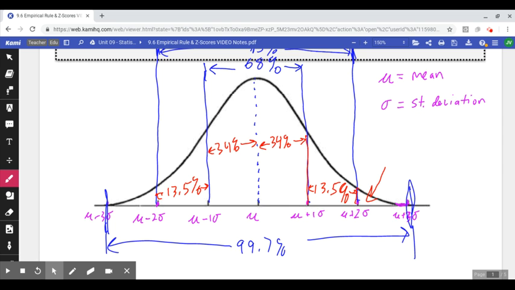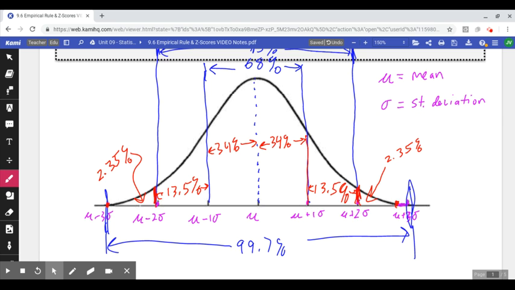And then I'm just going to subtract 34 and subtract 13.5, and I get 2.35%. And that's going to be the same. This normal model is symmetric for both the left and the right-hand side. And once again, that would be the data between here and here, or between here and here. So not a lot of it, but a little bit. And if you added up every single item we've done in red, you should get 99.7%.